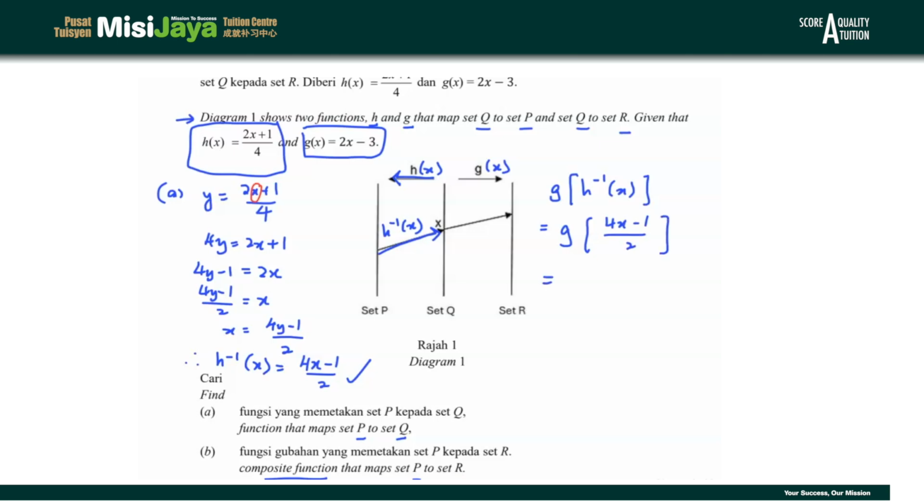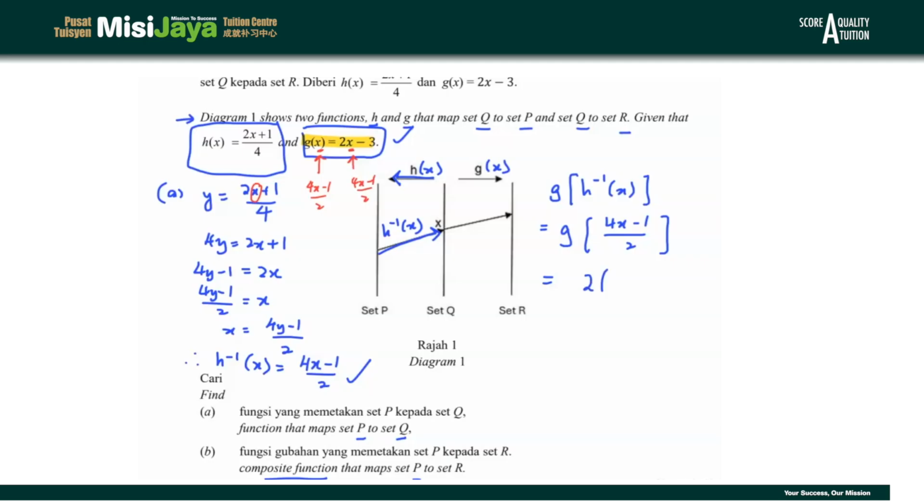Okay, so now you look at the gx given here in the question. So gx is 2x minus 3. So when this is x, this will be in terms of x. Okay? When this is (4x minus 1) over 2, therefore the x will be (4x minus 1) over 2 as well. Okay, so now let's work it out.